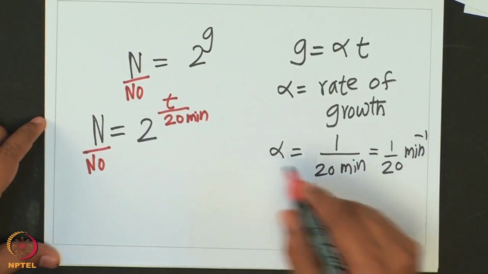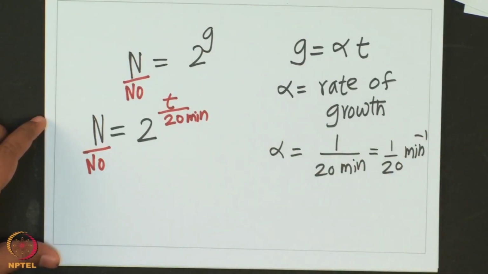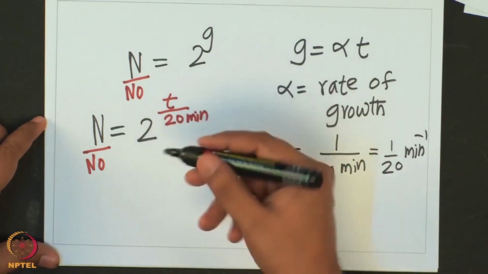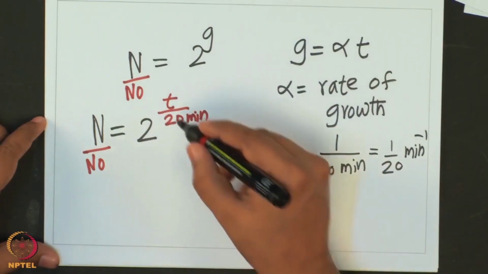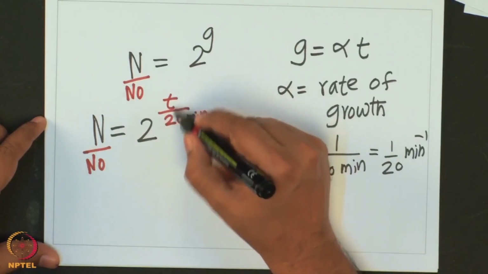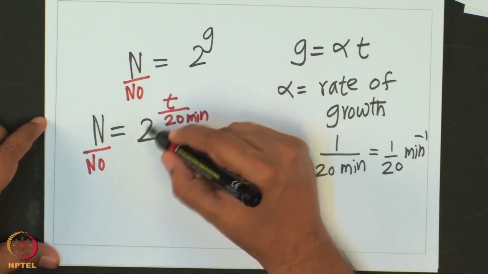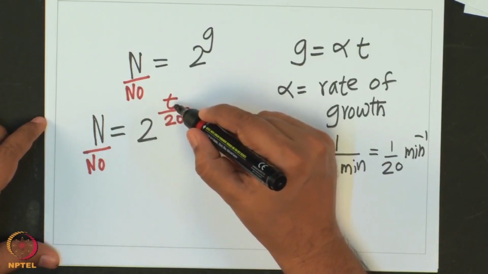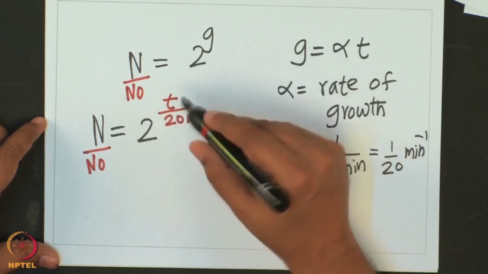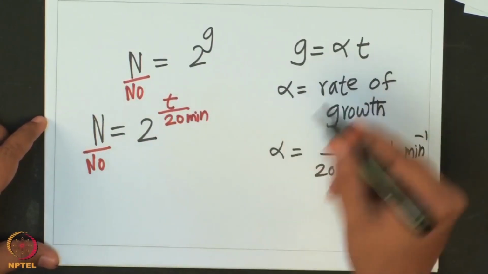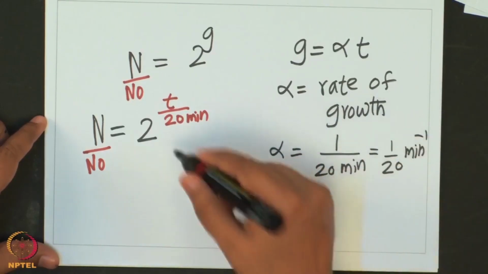So if I start with 1 bacterium, after 20 minutes it will be 2 to the power 1, which is 2. After 40 minutes it would be 2 to the power 2, and so on. I could plot this as a function of time.